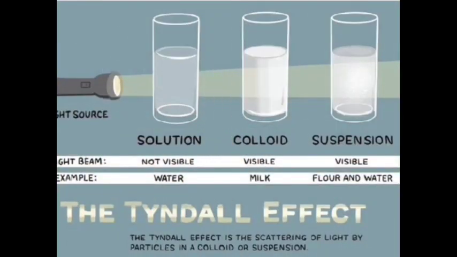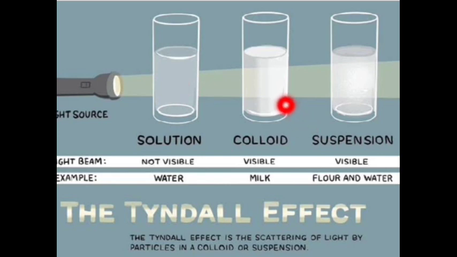Now let us learn about the Tyndall effect. Let us take three solutions: true solution, colloid, and suspension. Water is taken as a true solution because several salts are dissolved in water, or you can take sugar in water, salt in water, copper sulfate in water as a true solution.